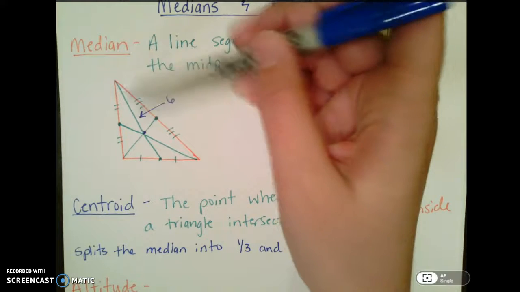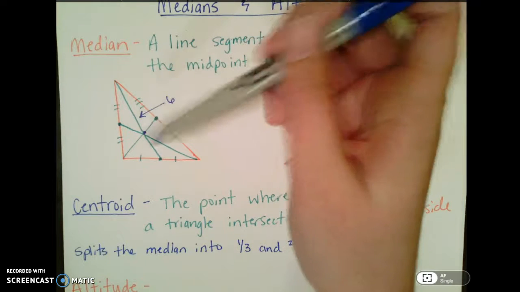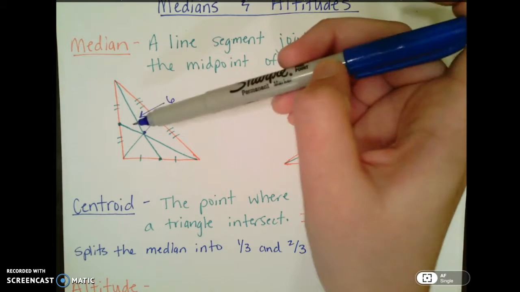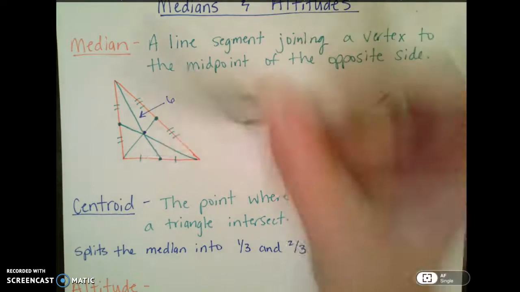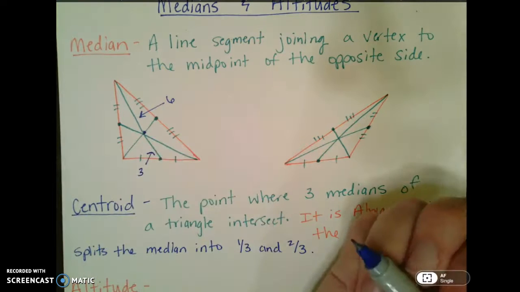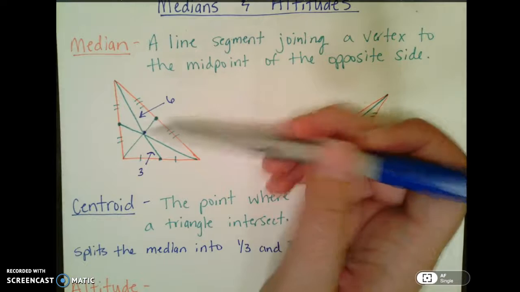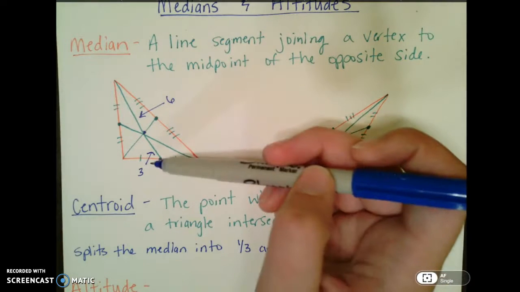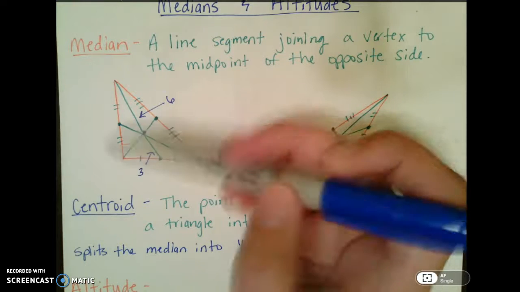Now the top is 2/3. Notice it's longer, so you can clearly tell which side's your 2/3 line. So 2/3, I've just identified as 6. So that would make my bottom part 3. 3 plus 6 makes 9. So my whole median has a length of 9. 1/3 of 9 is 3. 2/3 of 9 is 6.